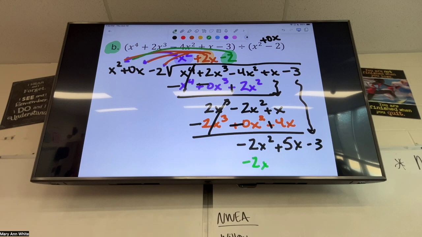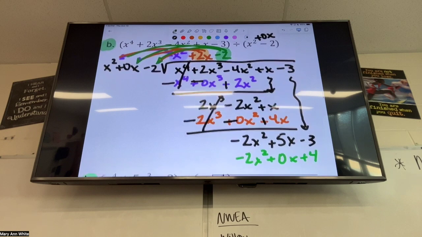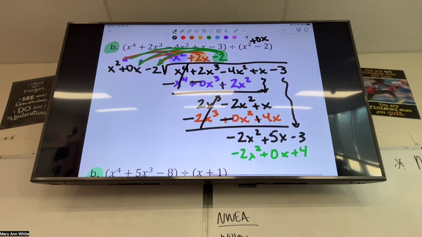Negative 2x squared plus 0x plus 4. And then again, we need to change all the signs. That's going to get rid of my 2x squared. I do have 5x minus 7 left over.